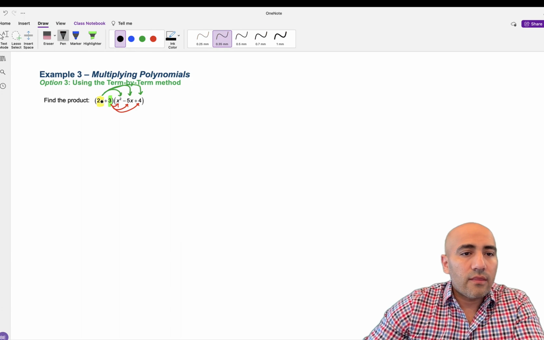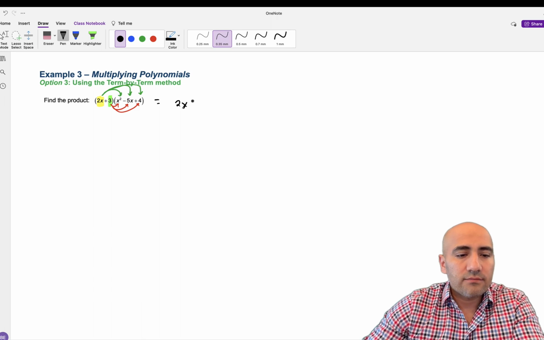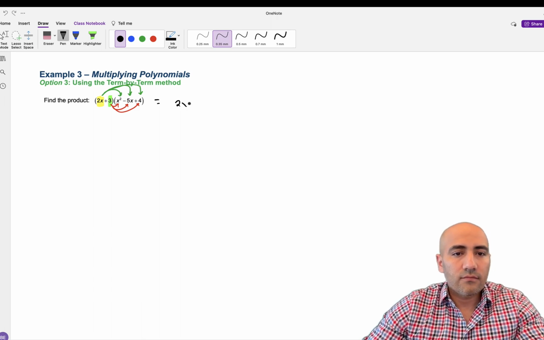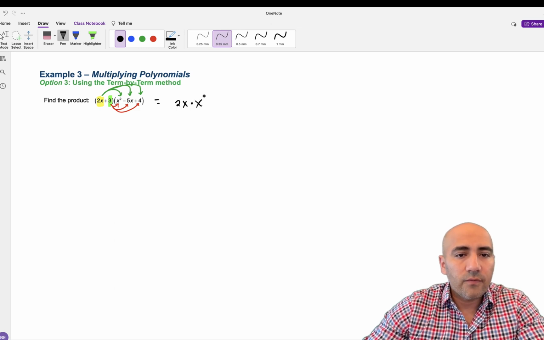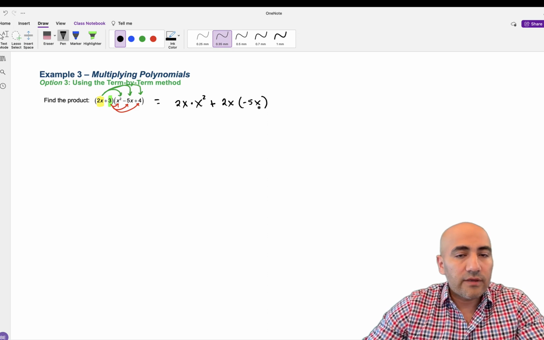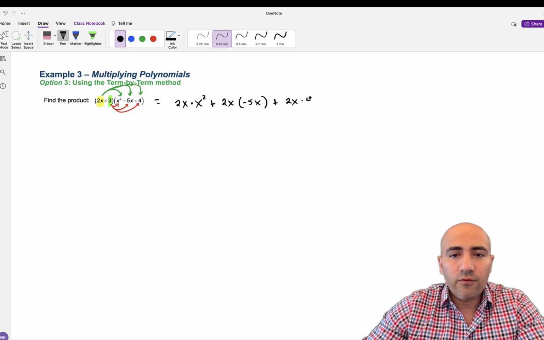Right, so this would then become, so you take the 2x and multiply it by x squared plus, and then it's 2x times negative 5x. So be careful to carry the sign over. And then plus, and then it's 2x times 4.